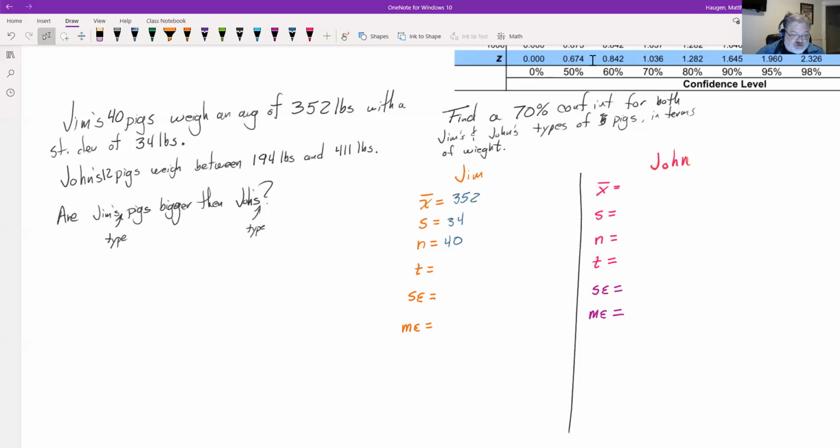But that is the first good thing to notice. John's sample size is small, so we're going to have to presume normally distributed data. So let's put that as a note. We're going to assume normally distributed pig weight.